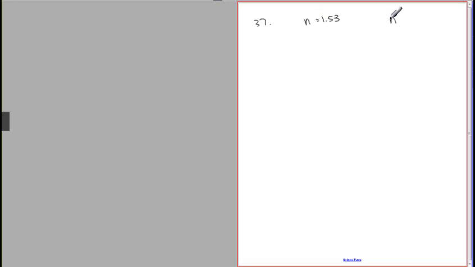Let's call this N sub A, and we'll call this N sub B. If you have air, it's this, and if you have water, it is something else, which I need to look up. I think it's like 1.33. I'm not 100% sure. So we have liquid water, 1.333.